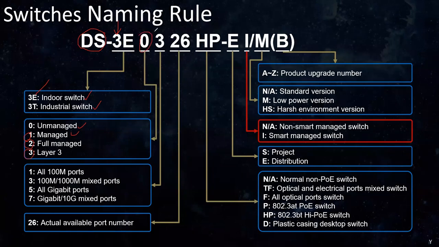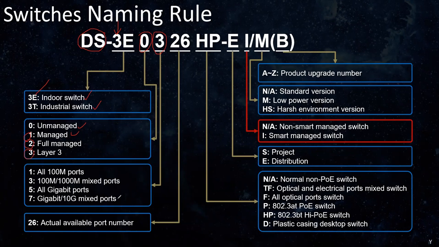And we also have another important digit, which comes after this 0. This is actually the 4th digit in the naming rule, which denotes the port category. Basically, if it is number 1, all are 100 ports. If it is number 3, it is a mixed port of 100 and 1000. If it is 5, as you can see, all are gigabit ports. Also, if it is number 7, it is a mix of gigabit and 10G ports.